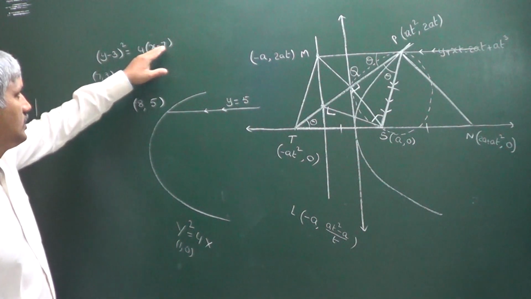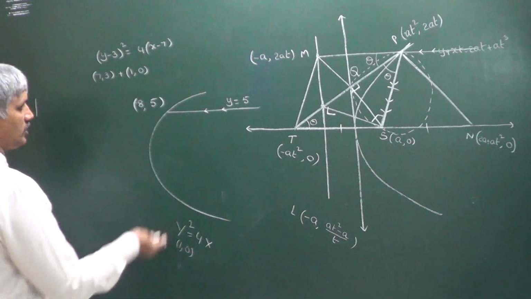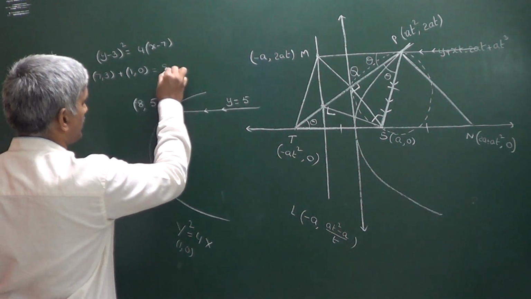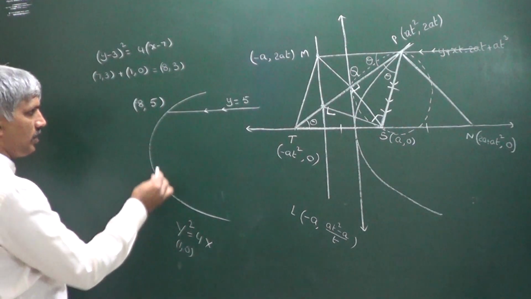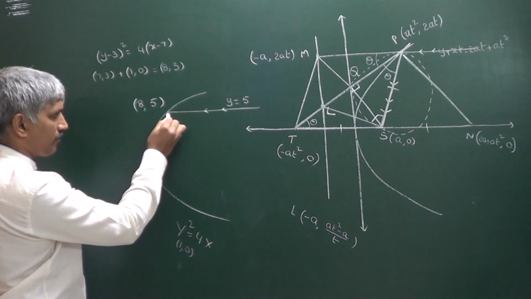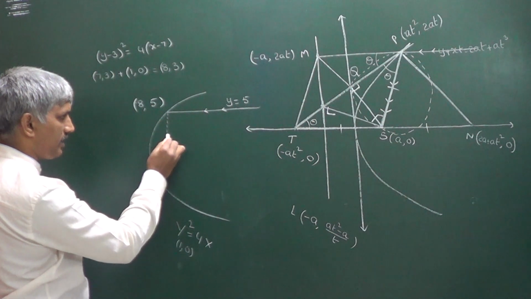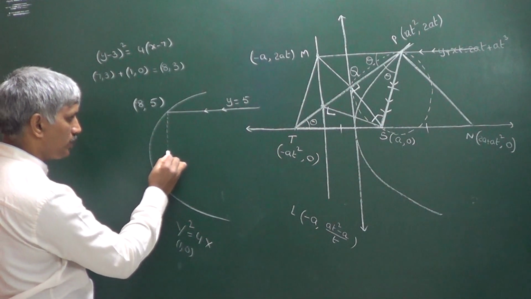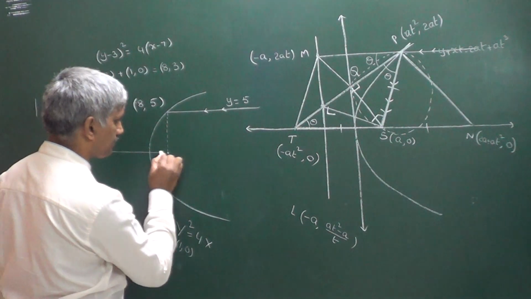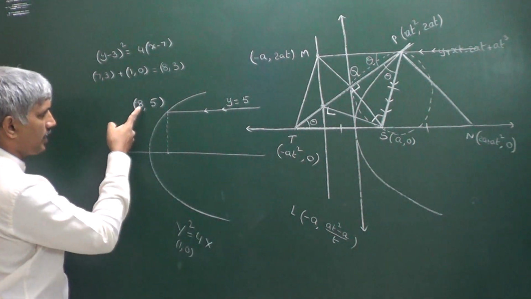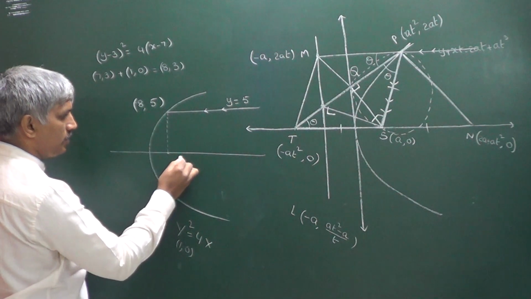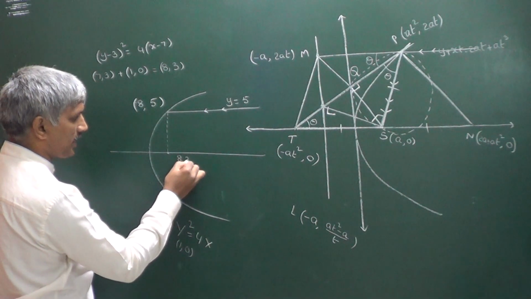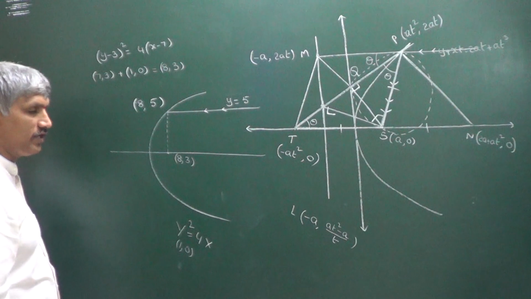But here the vertex is 7 comma 3. So we got 8 comma 3 as the focus. Whether you observed or not, the focus is exactly below that point, because here also the x coordinate is 8. That is the information we got.